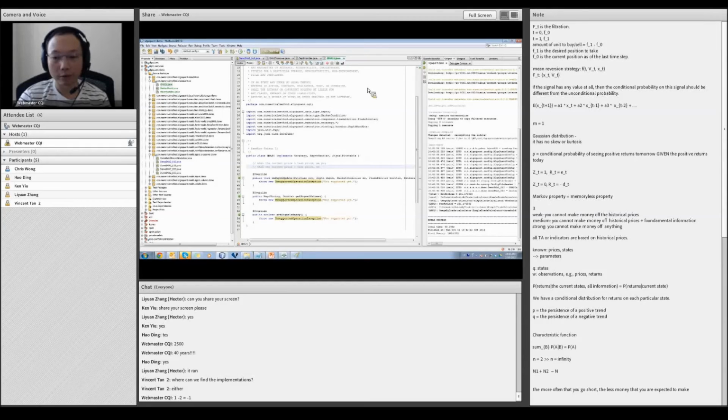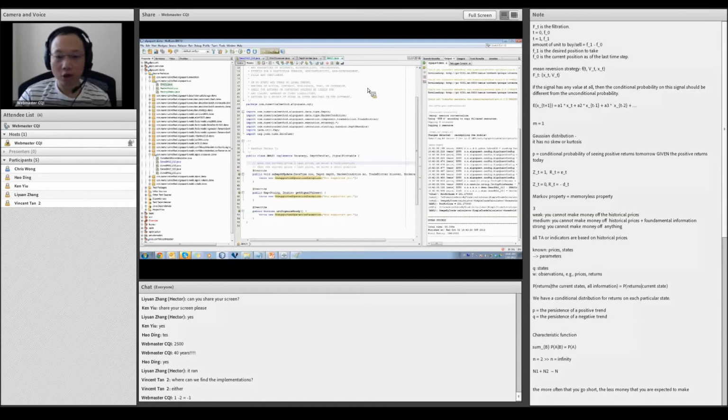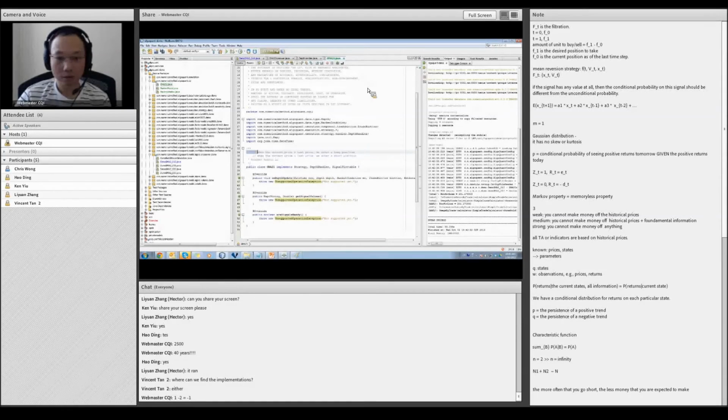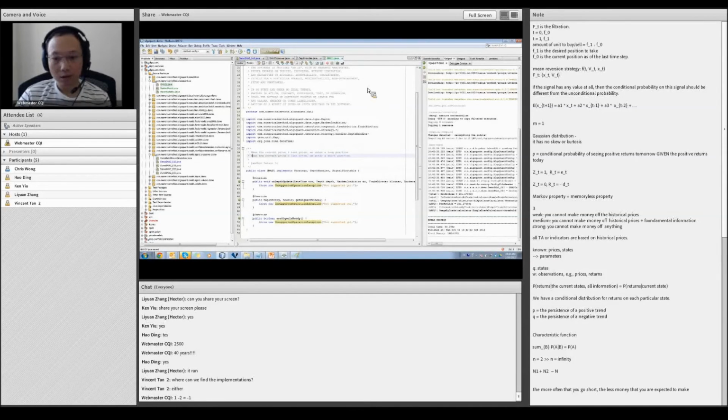Okay, and here you need to keep track of the current price. You get the current price from the order book. You can use the ask price, the bid price, or the mid. Let's use the mid.